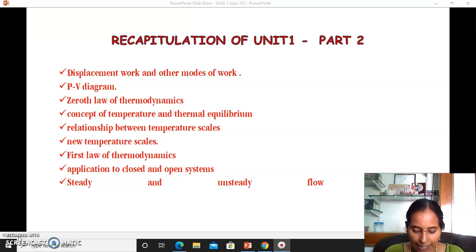Internal energy is a microscopic energy, that is the energy stored in the molecular motions. It is the energy stored in the molecular structure due to heat and work interactions.